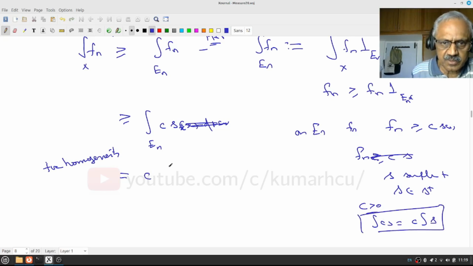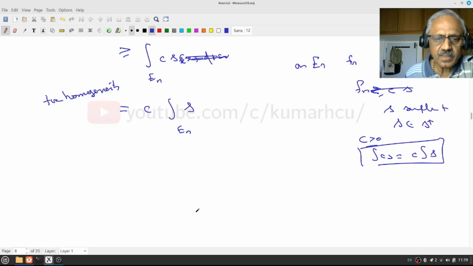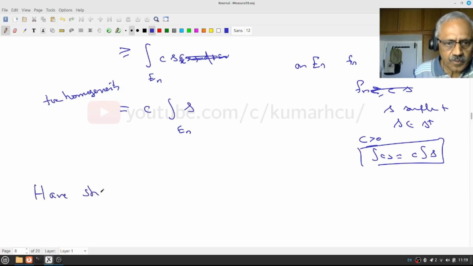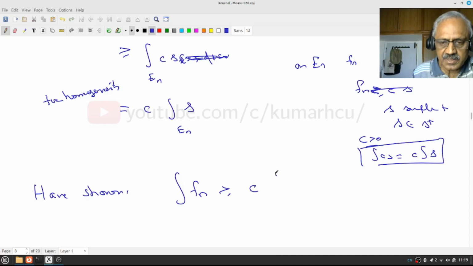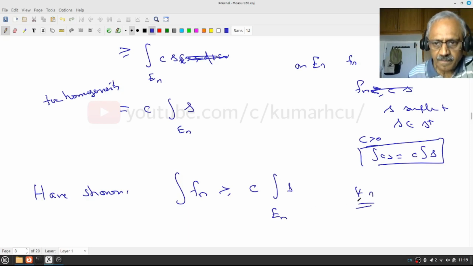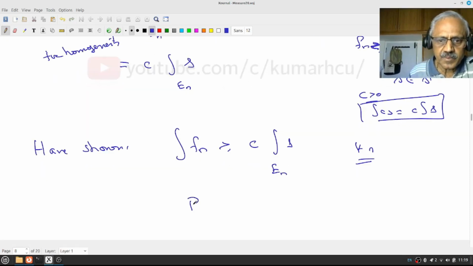Therefore, this is c times the integral of s over En. So what you have proved is that the integral of fn is greater than or equal to c times the integral of s over En for any n. Pause. Review. Proceed.